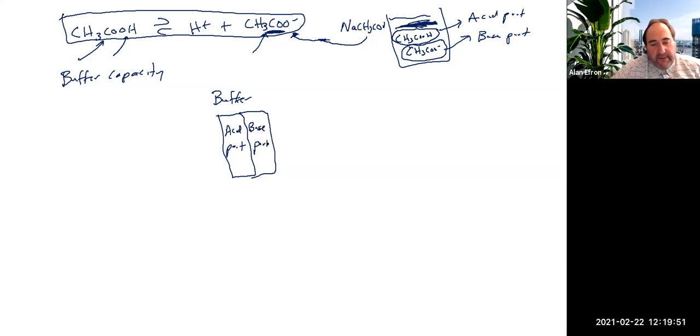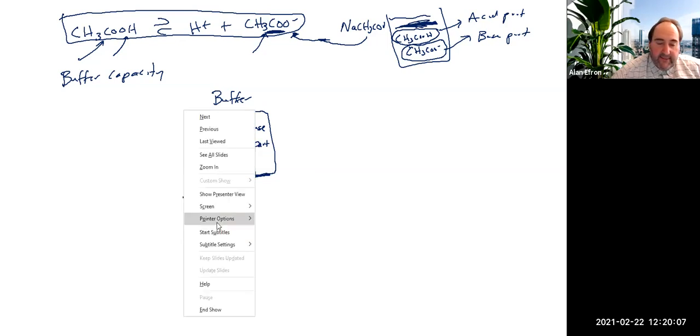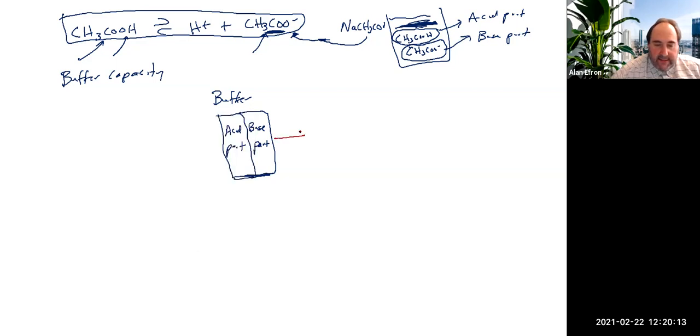And that's what I was just talking about, that when we're starting with a buffer, we do want a good amount of both of those floating around in the solution. And if we get a good amount floating around the solution, what we do see is as we add acid to the buffer, it's going to react with the base part of the buffer, but it is going to make the acid part.